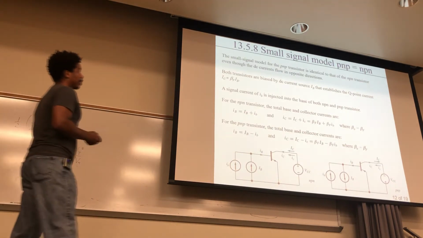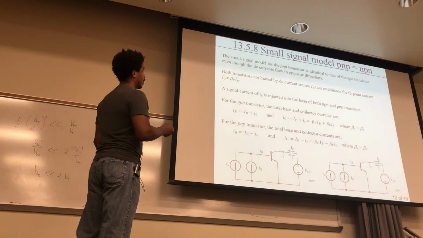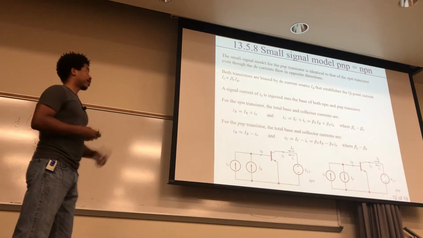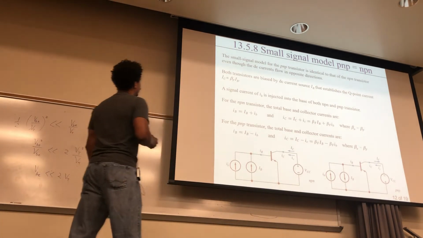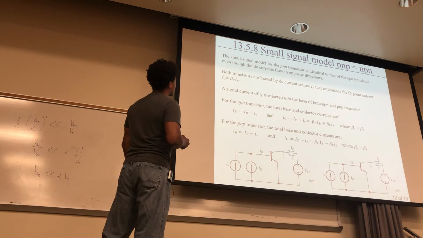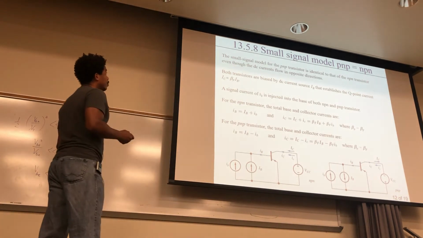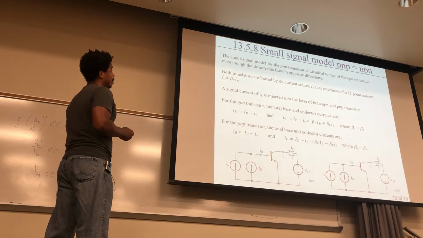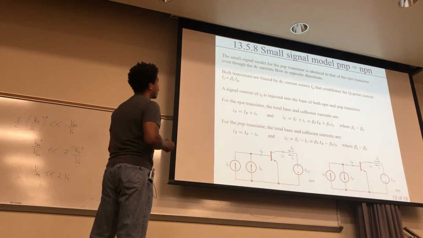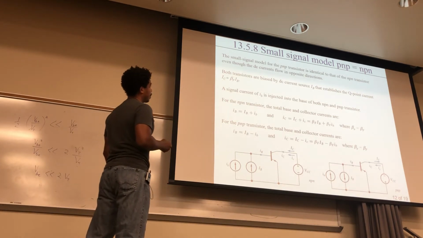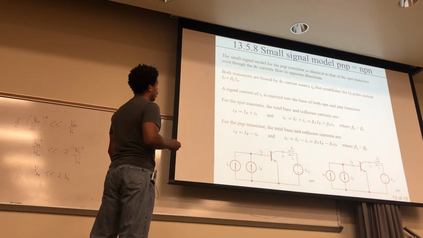Let's look at the small signal and compare these two together. They're actually the same, even though you have different directions of the currents. I'll show you why. The small signal model for the PNP transistor is identical to that of the NPN transistor, even though the DC currents flow in opposite directions. Both transistors are biased by DC current IB, and that establishes the Q point.